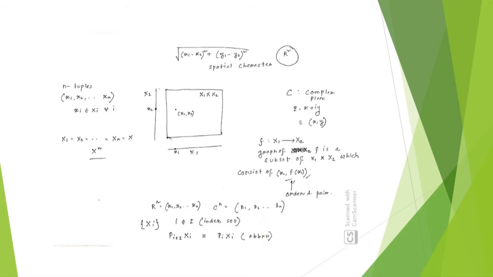We assume that you are fully acquainted with the way in which the set capital C of all complex numbers can be identified with the coordinate plane R square.